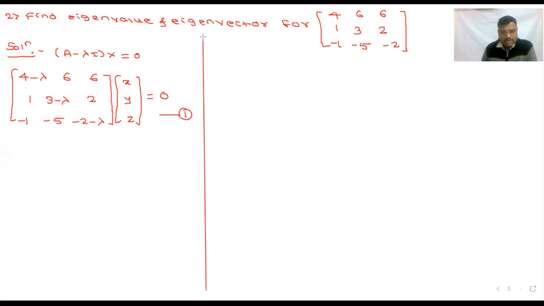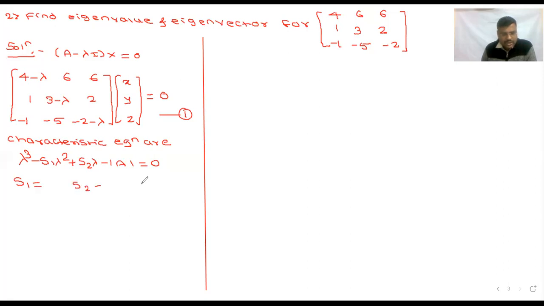We find a characteristic equation. So characteristic equation is lambda cube minus s1 lambda square plus s2 lambda minus determinant of A equal to 0. So what is the s1? What is the s2? What is determinant? Just find out and put your answer in chat box.